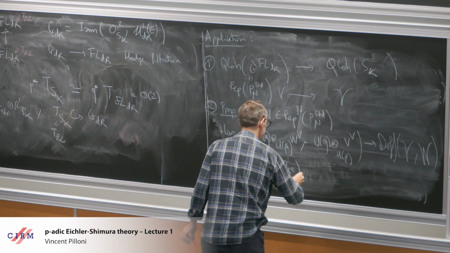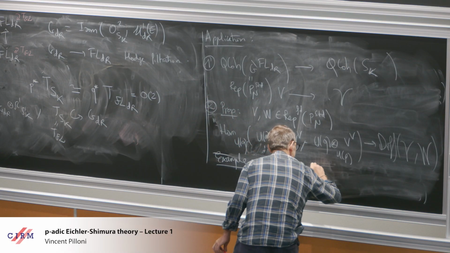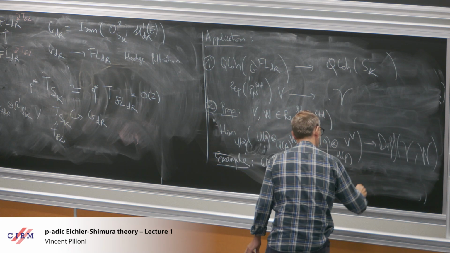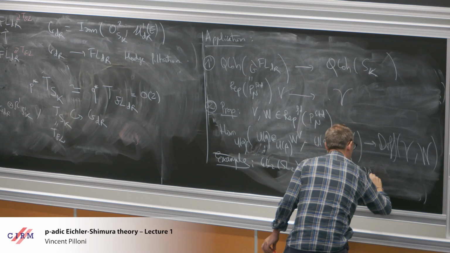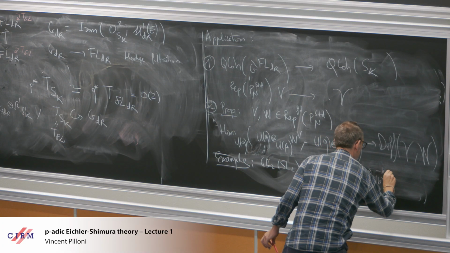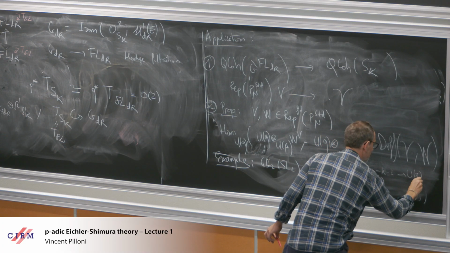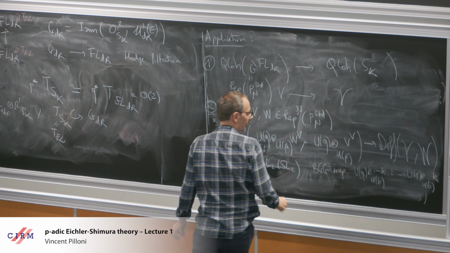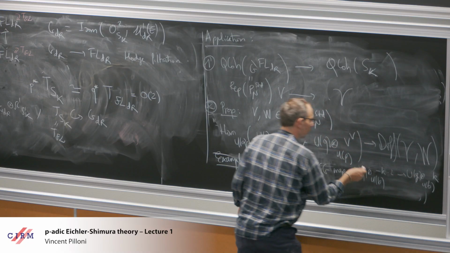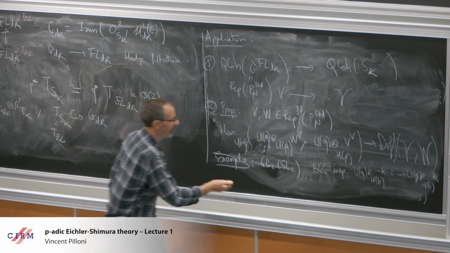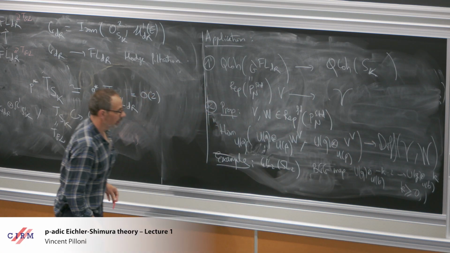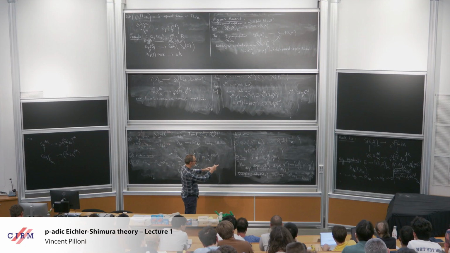Then there is the BGG map from U(g) tensor U(b minus) of weight minus k minus 2 to U(g) tensor U(b) of weight k. These are the Vermas of weight minus k minus 2 to the Verma of weight k, for k a non-negative integer.